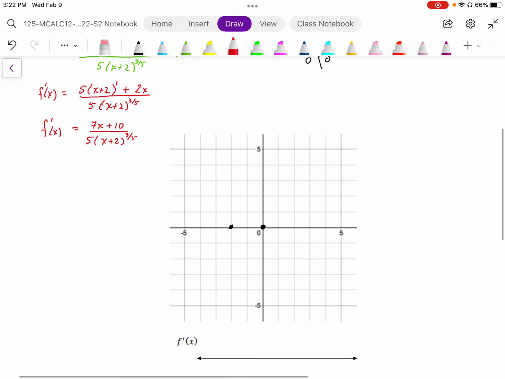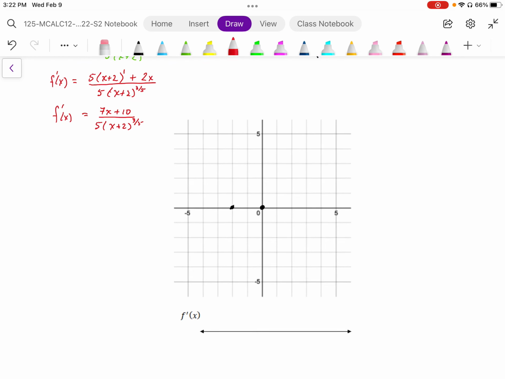The derivative is equal to 0 at -10 over 7. So I'm going to have -10 over 7 right about maybe here. And then at -2, I have an undefined slope. And it looks like I don't have any other changes in slope here.